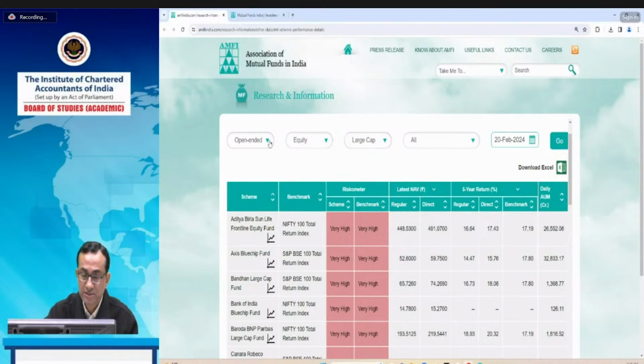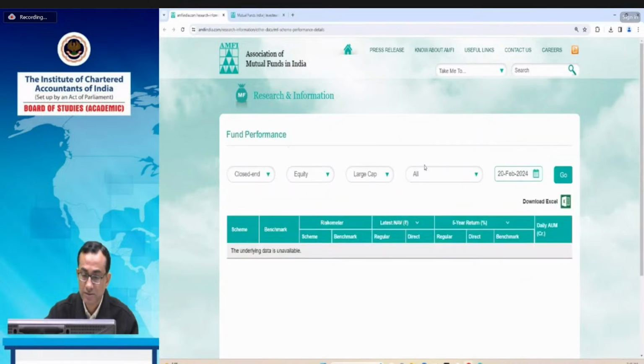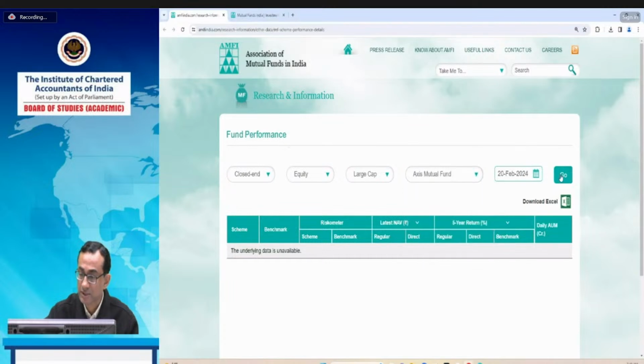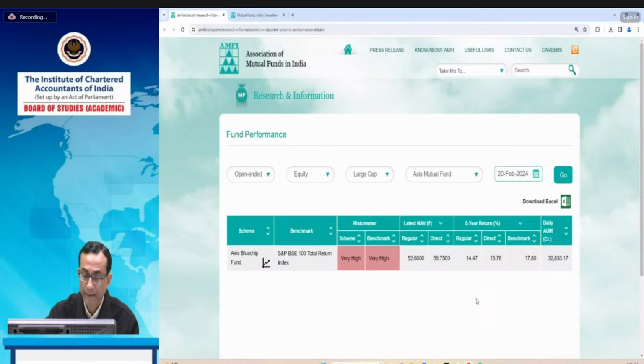And you can see the closed-ended funds also. So you can differentiate between these two. For this closed-ended fund, unfortunately, the data is not available. But this is the open-ended fund in case of Axis Fund.